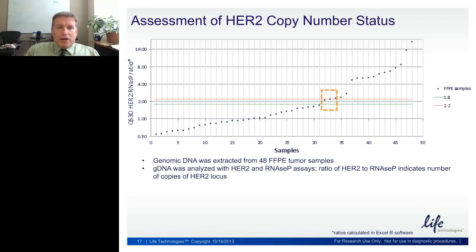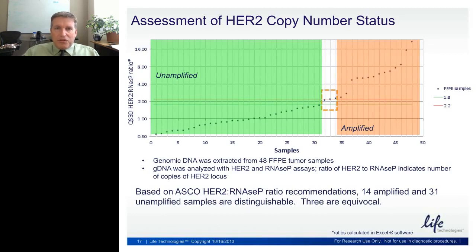We then ordered the results from lowest HER2 to RNase-P ratio to highest HER2 to RNase-P ratio. And along the x-axis here, we just have an enumeration of the 48 different samples. And what you can see is that there are samples that very clearly fall into the ASCO recommendation of greater than 1.8, meaning that these samples here are amplified.